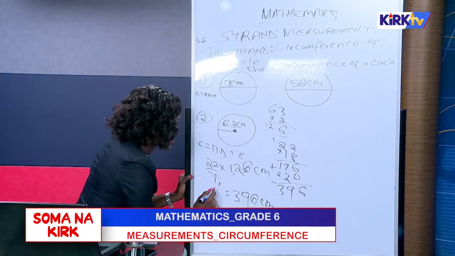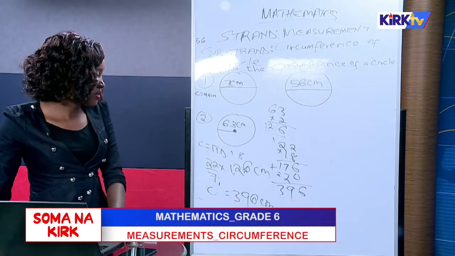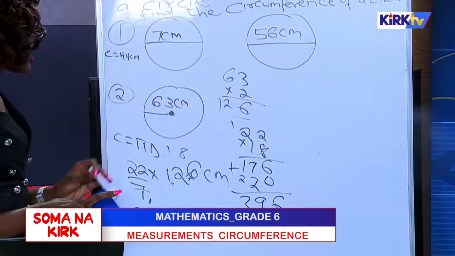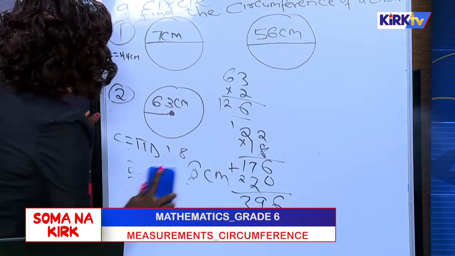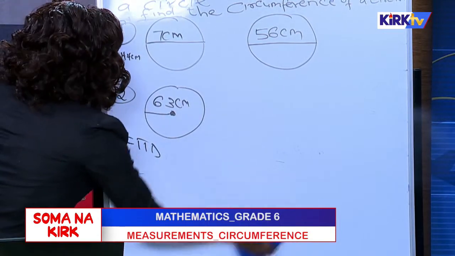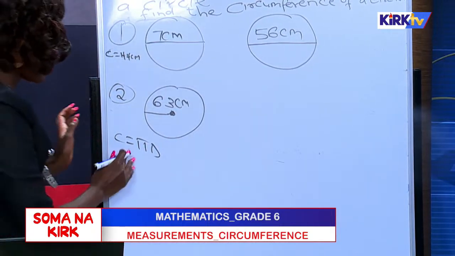So that is our circumference. Are we together? Maybe we can use 2 pi r, depending on what you find best.